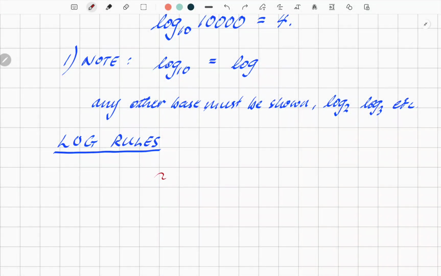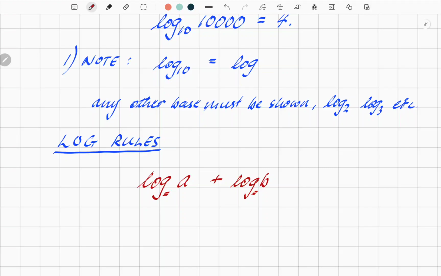Okay. If you have log A, all right, plus log of B, all right, and the logs have to be of the same base, all right. So in this case, we're going with, obviously base 10, all right.